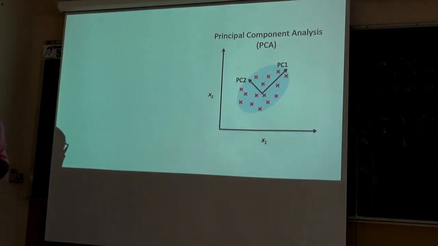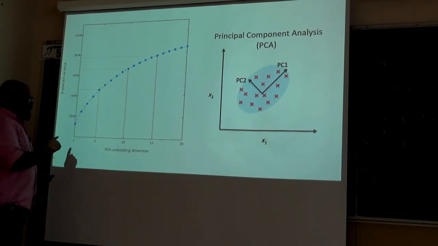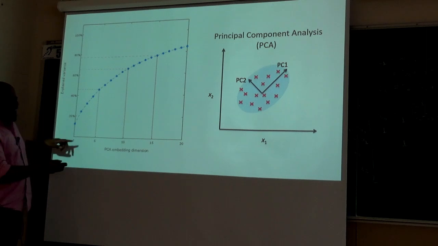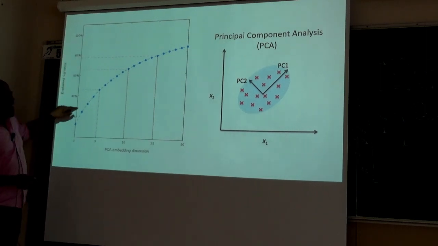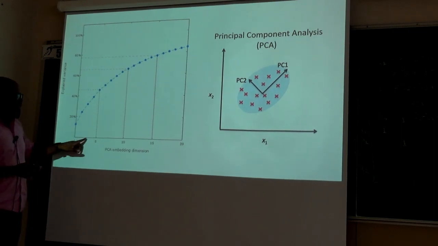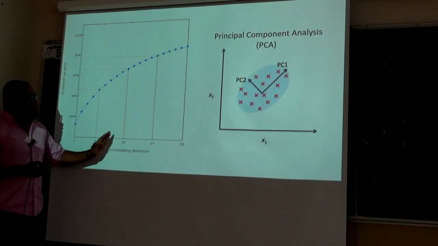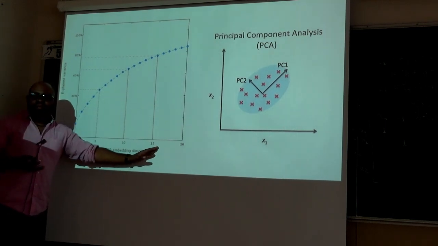Okay? So I did PCA on the data, and I plotted the percentage of variance from the data that is recovered after projecting onto the first, second, first 5, first 10, and first 15 principal components.